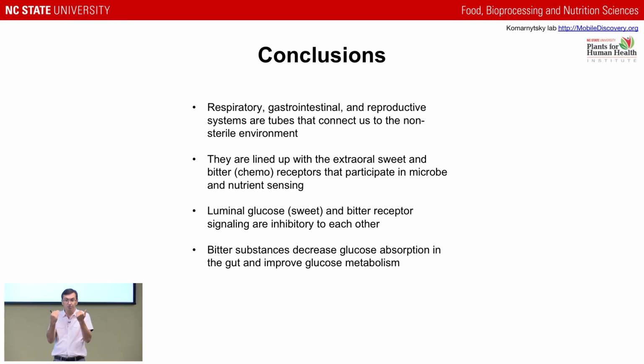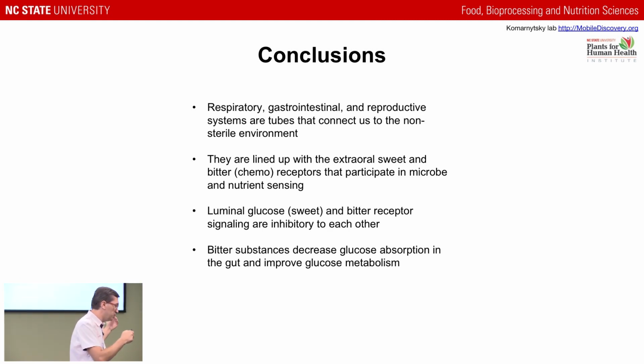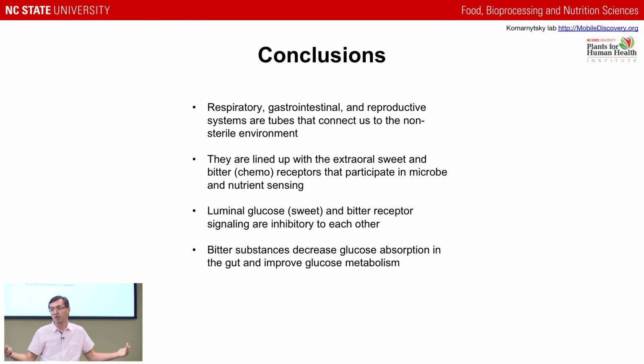This mechanism was developed for our bodies to deal with the microbiomes of those tissues. And surprisingly, we can hijack it. We can use the same counterplay to improve our glucose metabolism if we add, restore, multiply, modify, or introduce bitter substances back to our diet.